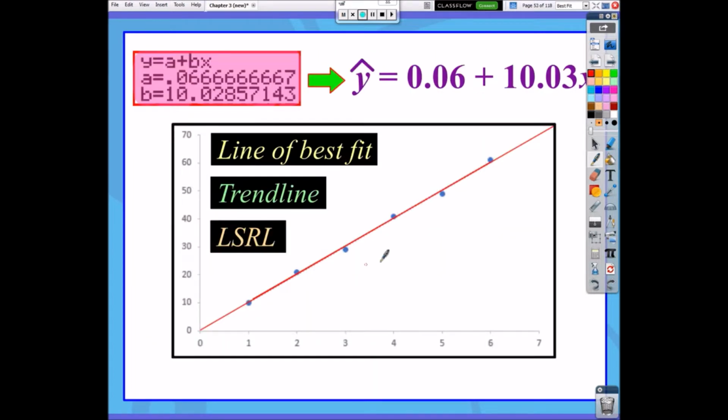And so if I were to look at that data, here is my line of best fit. We haven't talked yet about how to get this line of best fit into your scatter plot, but we will get there.